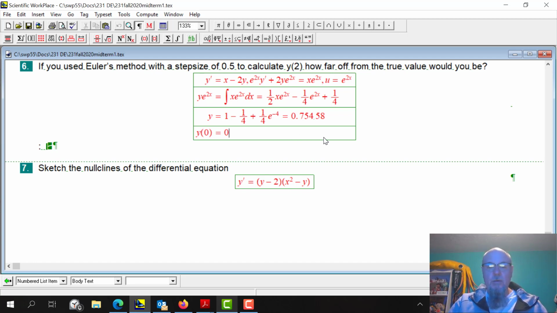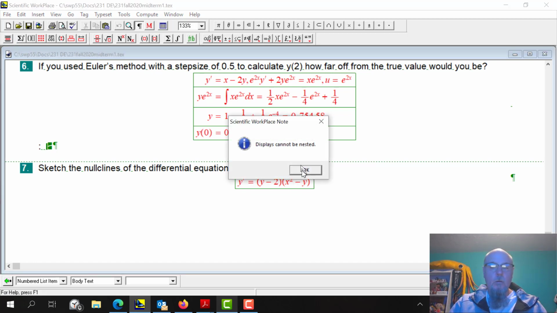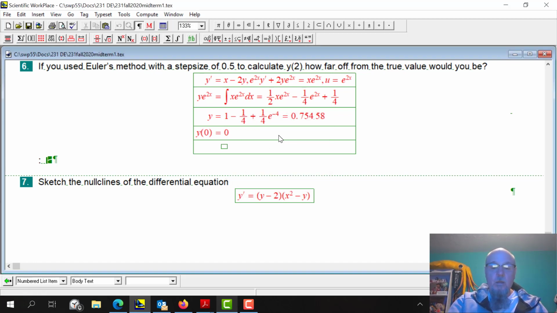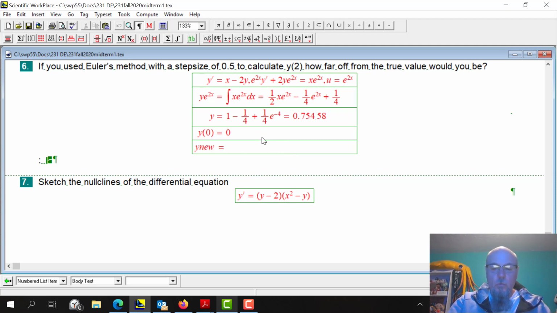Now let's do Euler's method. For Euler's method, new y is equal to old y plus h times y prime. Y prime is this formula, x minus 2y, and h is a half. So I plug in a point and I get out the new y.